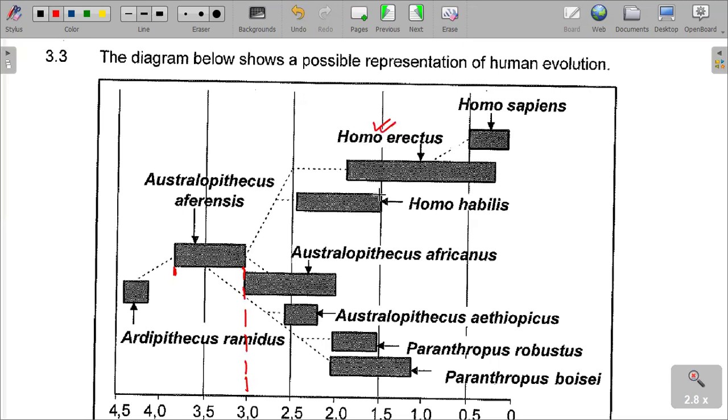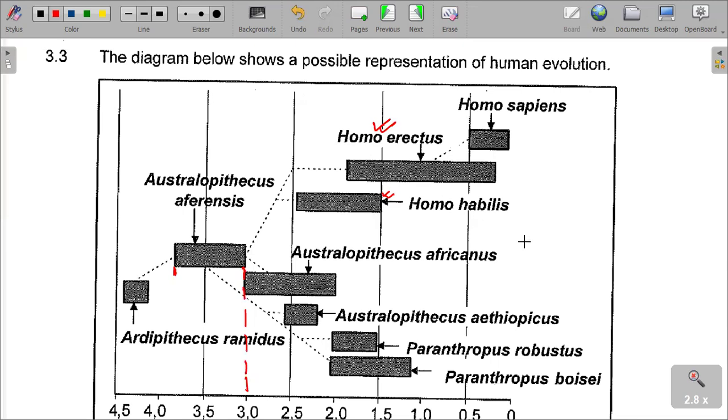It existed at the same time with the Homo habilis.